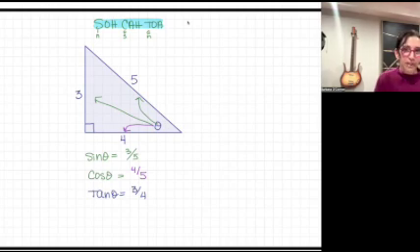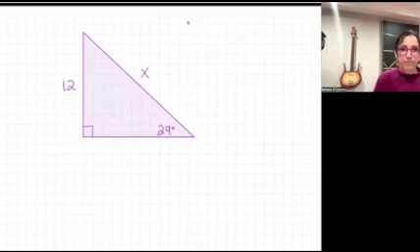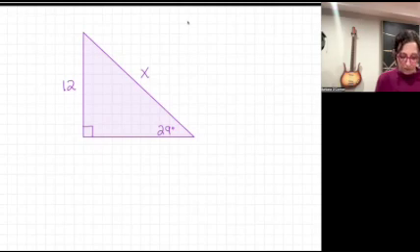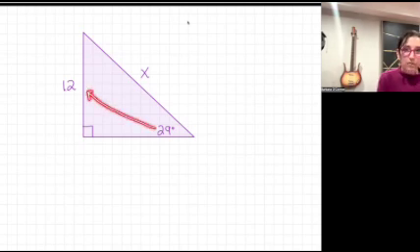We can use these relationships to find sides or angles if we know some of the information and are missing other pieces of information. Here's what I mean. Let's say we had this triangle with one 29-degree angle, a right angle, and side lengths of 12 and a hypotenuse that's unknown. So in relation to the 29-degree angle, the 12 is opposite and the x is the hypotenuse.